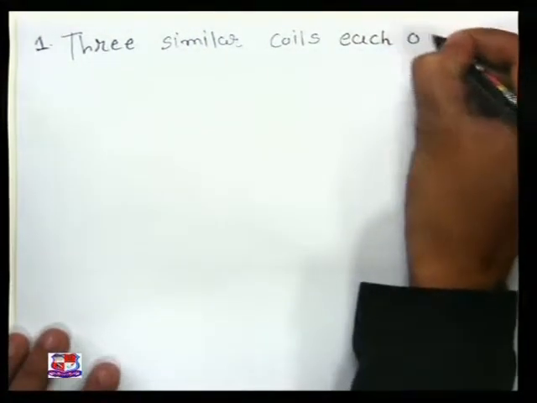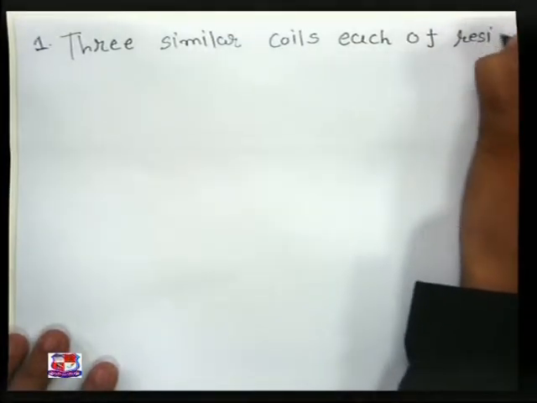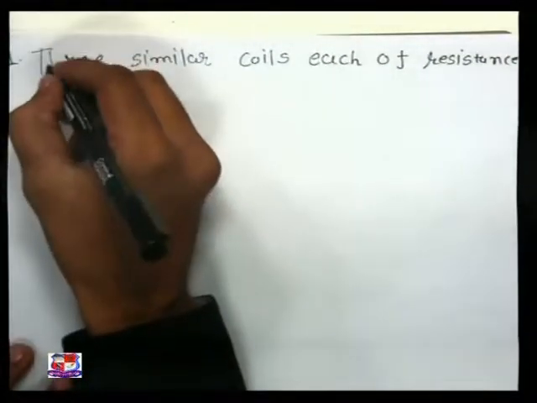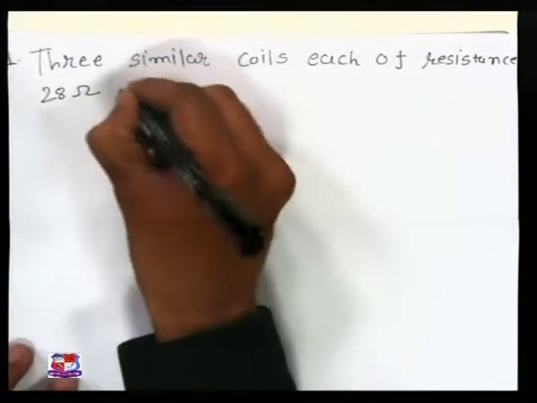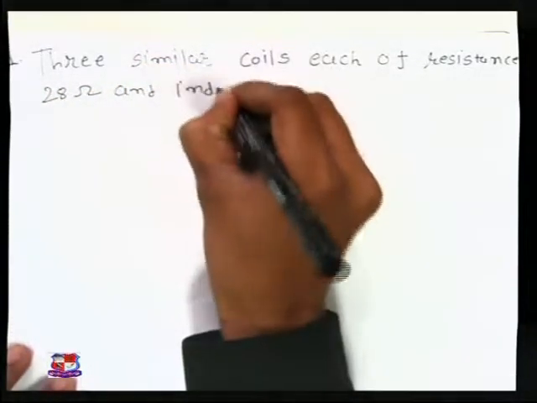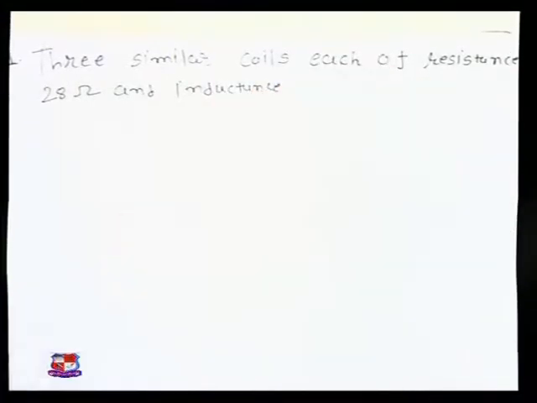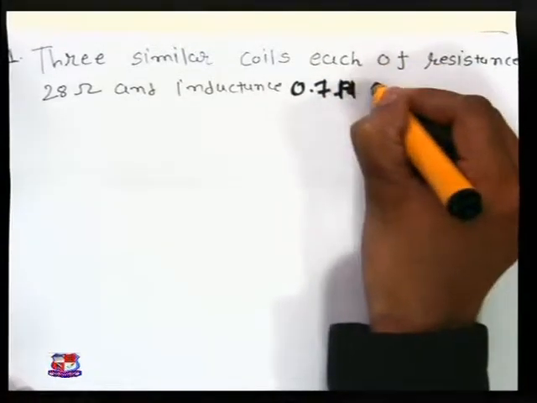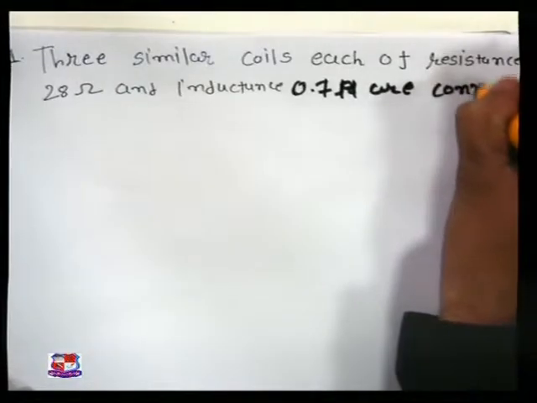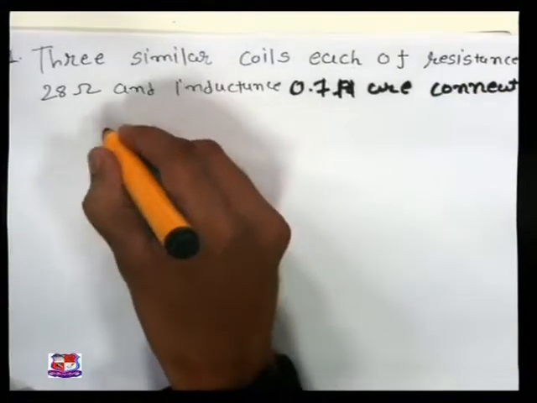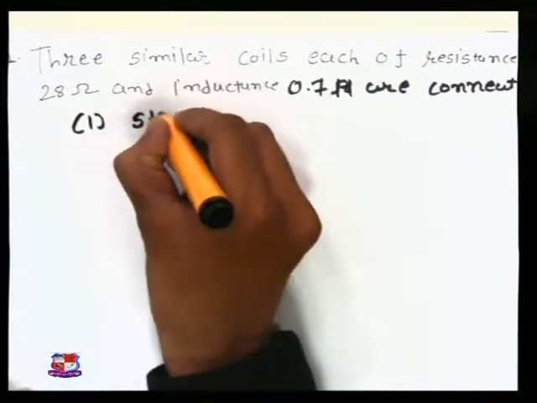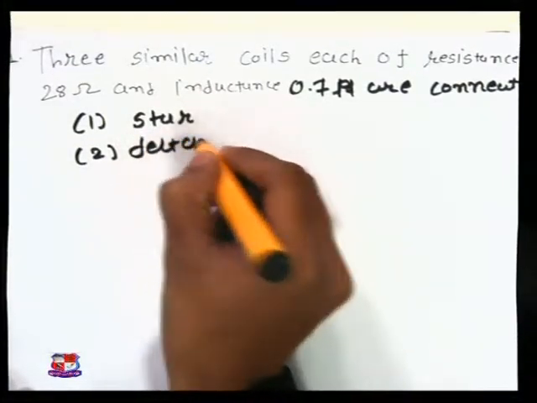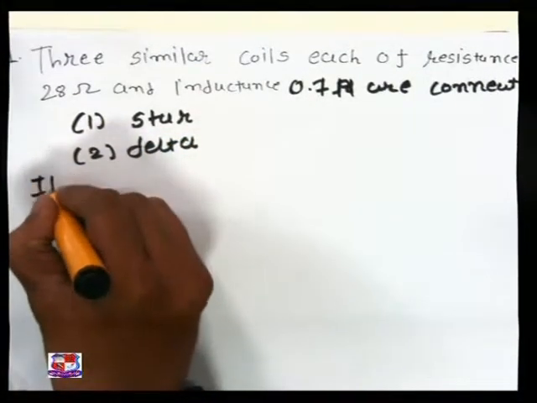Three similar coils of resistance 28 ohm and inductance 0.7 Henry are connected, first as a star, and second as a delta, because we have two connections, star and delta.